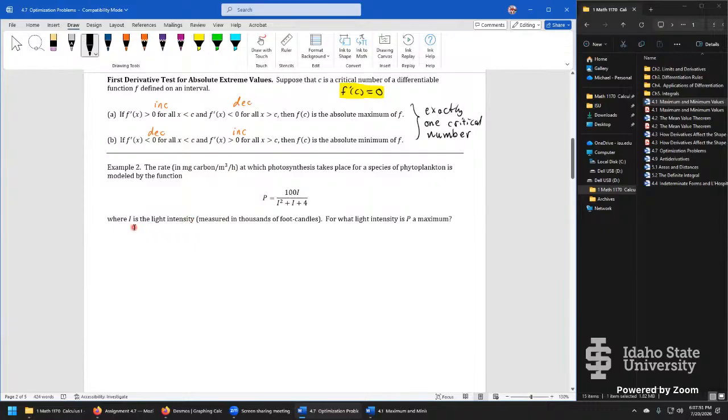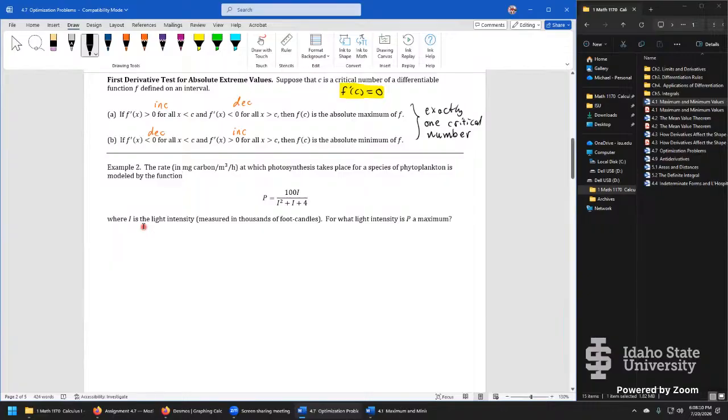I is light intensity. Another interesting unit, this light intensity is not in lumens, it's measured this time in thousands of foot candles. And we want to know for what light intensity is P a maximum.